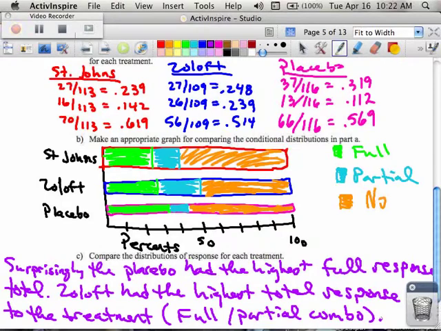But to me, the most surprising is that the placebo had the highest full effect.